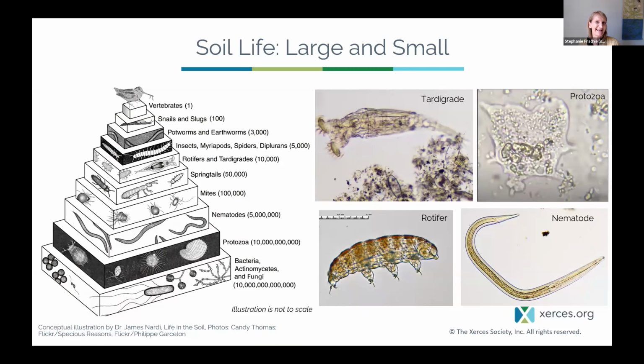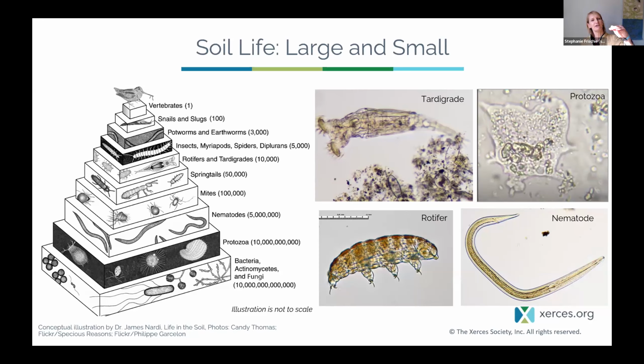But here's where I'm going to take the time to introduce a few of the very small ones that do require magnification. The pyramid here on the left is just for illustration. It's not to scale, but it makes sense. The bottom of that pyramid, the most abundant in terms of the number of individual organisms, are the microbes: the bacteria, the actinomycetes and fungi.